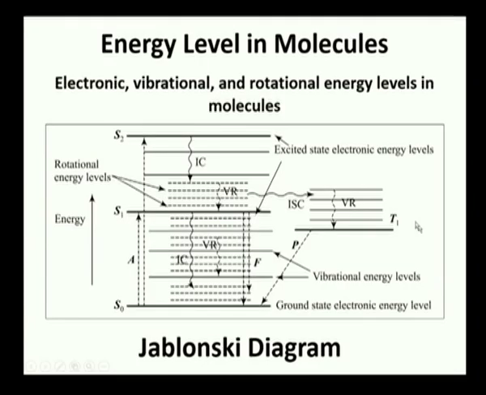Whereas, in the case of non-radiative emissions, when the electrons get de-excited from the higher energy levels to the lower energy levels, there is no emission of radiation; the energy which is released just gets converted into heat. That is known as non-radiative emission.